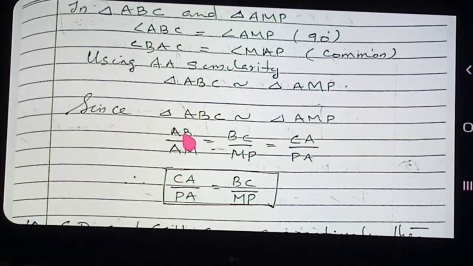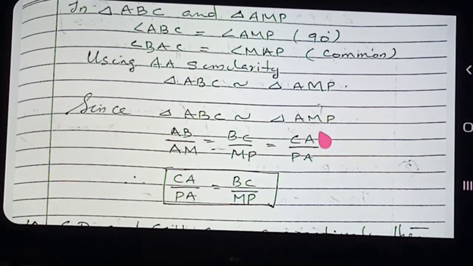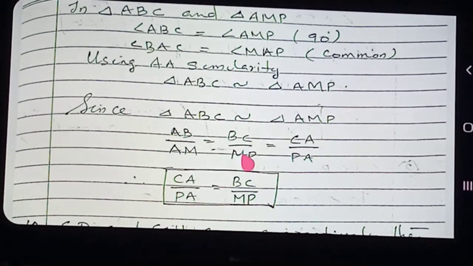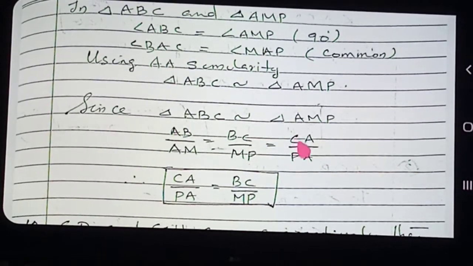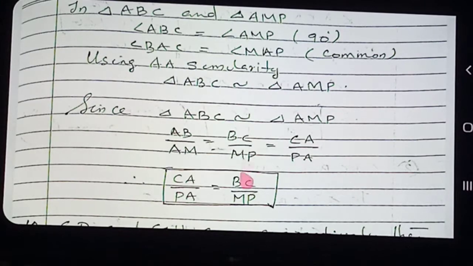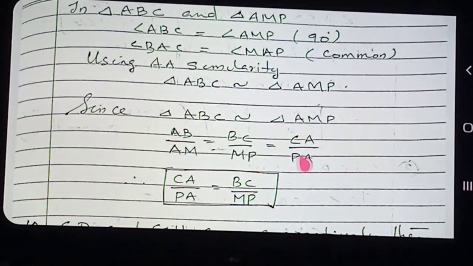Therefore, corresponding sides are in the same proportion. AB by AM is equal to BC by MP is equal to CA by PA. But we need only these two, so take those two only. CA by PA is equal to BC by MP. That only you want to prove, so that only you write. Did you get it now? Yes?